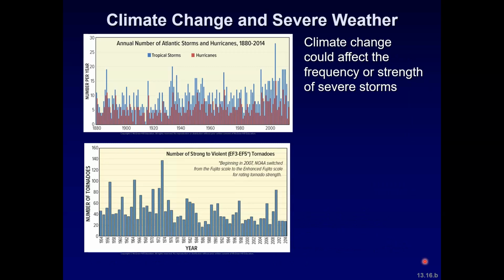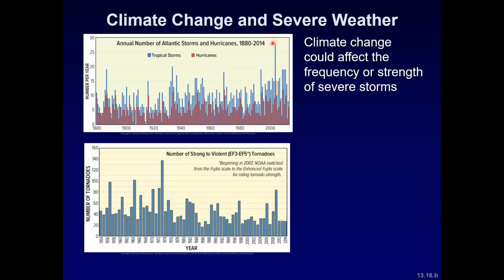So we've talked about hurricanes perhaps being quite larger with more warm vapor. Climate change can then affect the frequency or strength of severe storms. So we have at the top the annual number of Atlantic storms and hurricanes from 1880 to 2014.